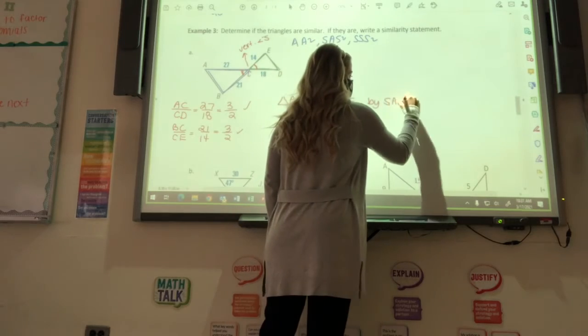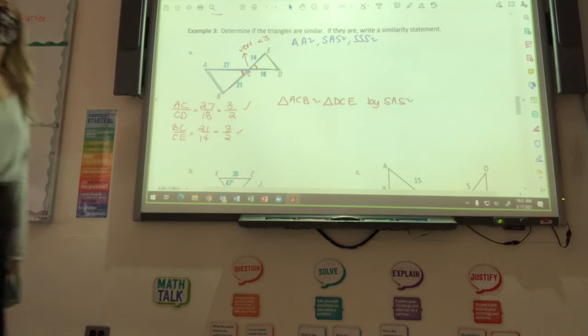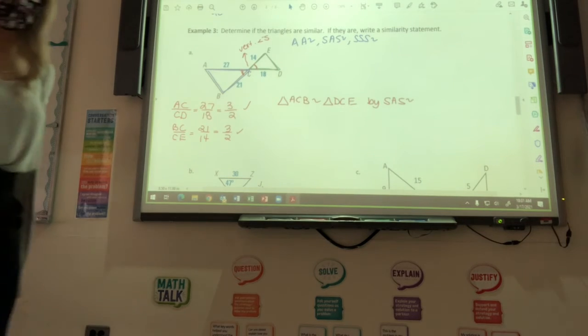By side angle side similarity. You got it right. So you know what I did? I went back to the other column and checked which he picked first, and I just counted. That's fine. You're using your notes. That's okay.